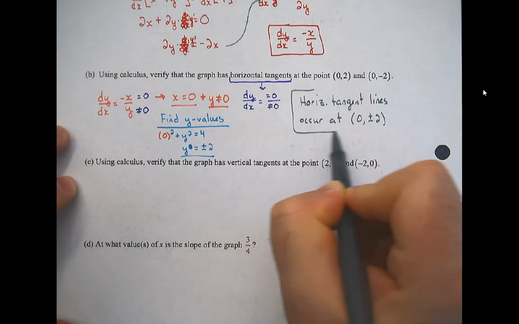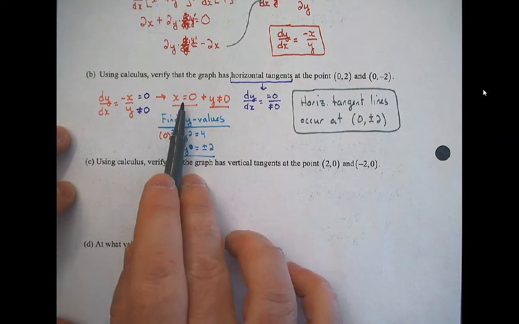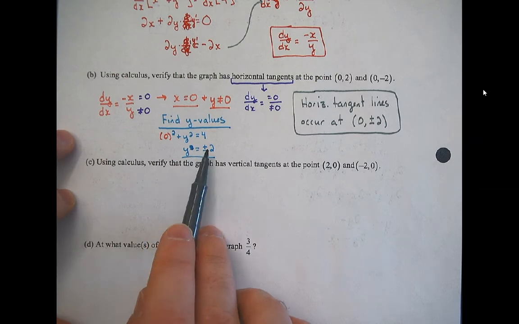Now you got to be a little bit careful when you do that, but that's okay because that one x of 0 ended up with a y value of plus or minus 2.